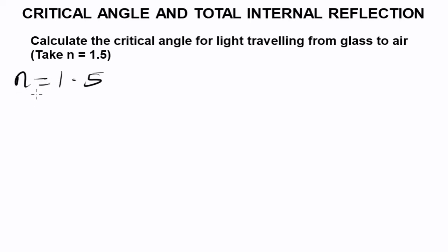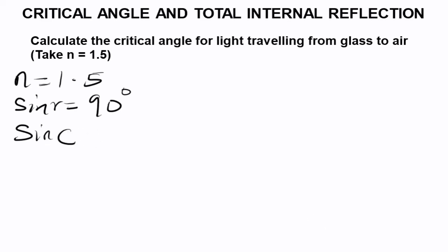So in this question, our angle of refraction r will be 90 degrees, because critical angle is the incident angle at which the angle of refraction is 90 degrees. We are looking for the critical angle, sine c.